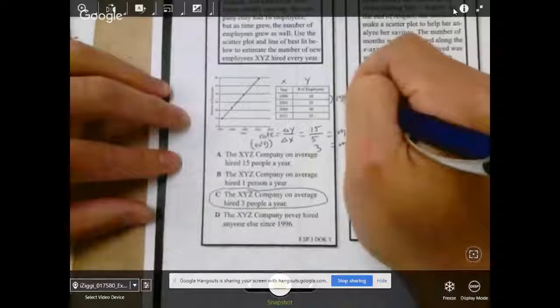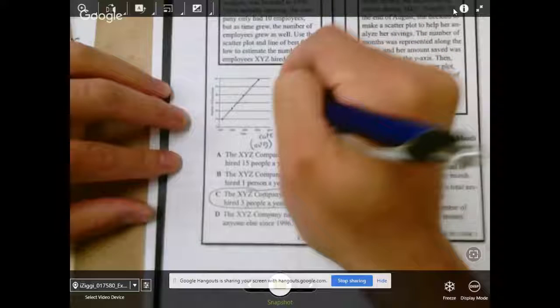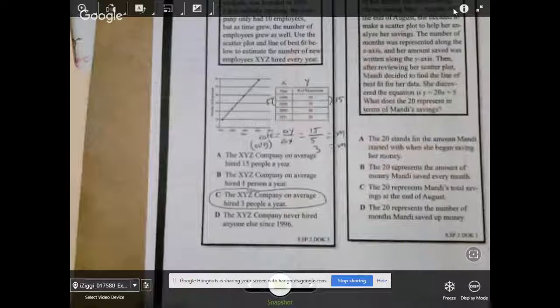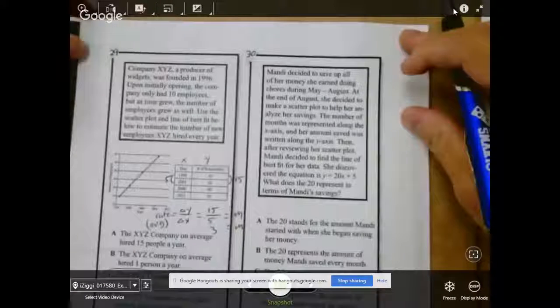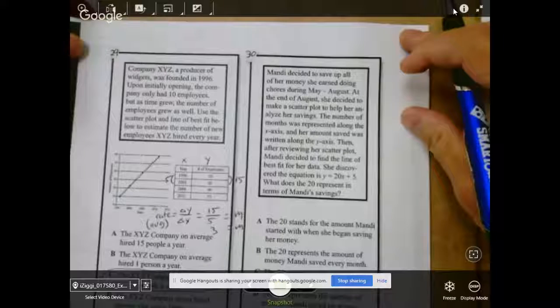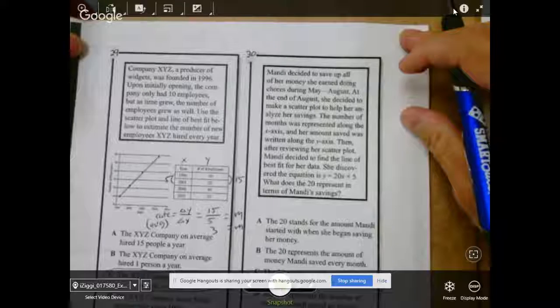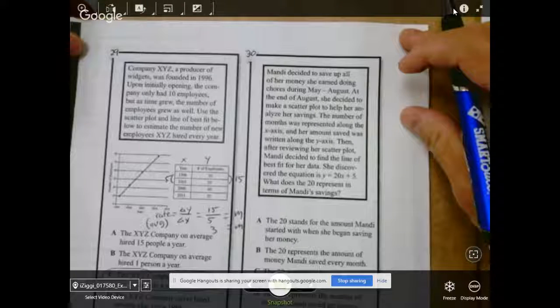Okay, so now next one, last one. Manny decided to save up all her money she earned doing chores between May and August. At the end of August, she decided to make a scatter plot to help her analyze the savings. The number of months was represented by the x-axis, and the amount saved was the y-axis.